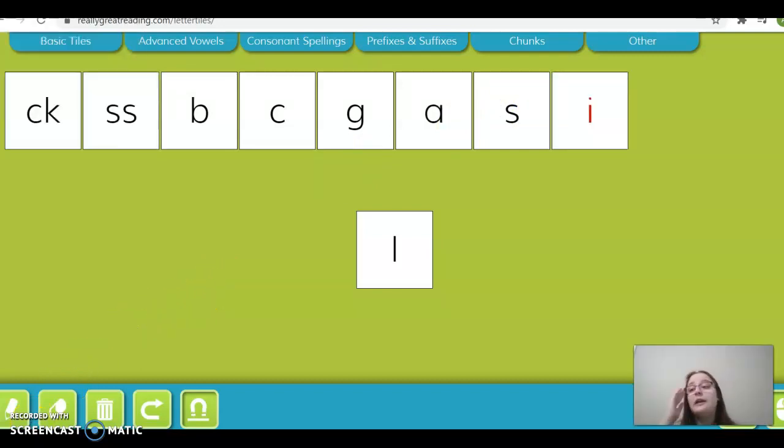Okay, friends, so you can see I've added some new letters and sounds. So we have CK, which says K, okay? We have our double S, which just says S, like a snake. We have A that says A, and we have I that says I. So the first word we're going to build is glass, glass.